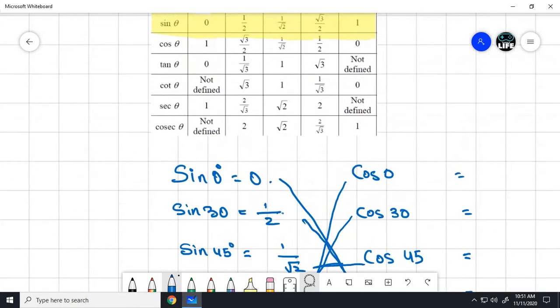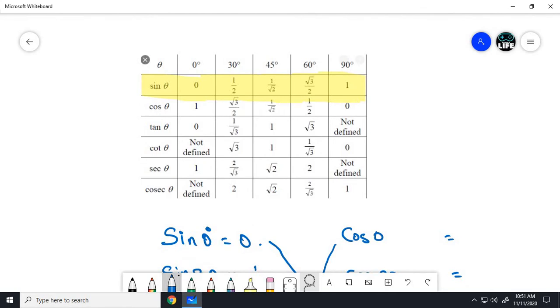So if you observe in the table, here 1 is there and here 1 is there. Here root 3 by 2 is there and here root 3 by 2 is there. Here 1 by 2 and 1 by 2, and 1 by root 2 and 1 by root 2, and 0 and 0. So what can you say?